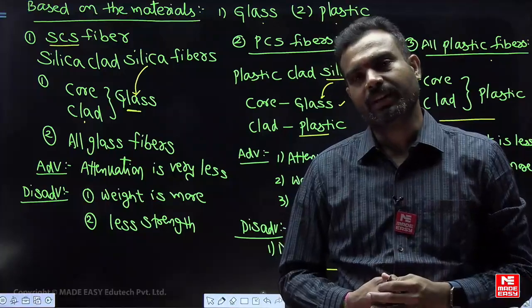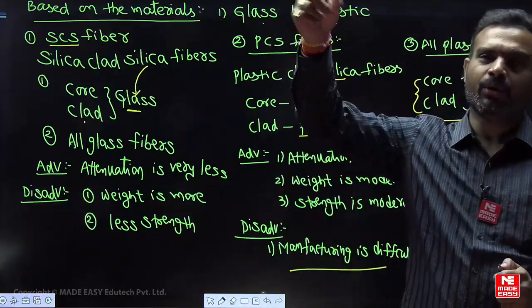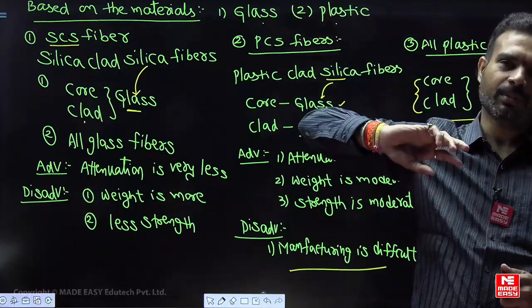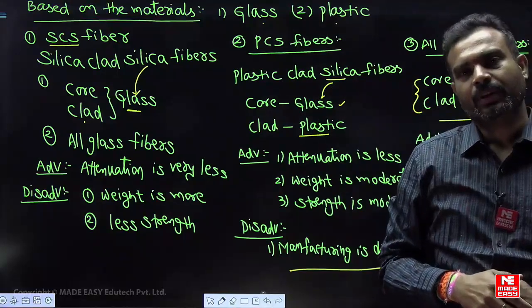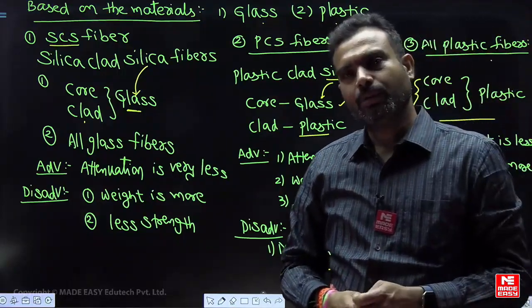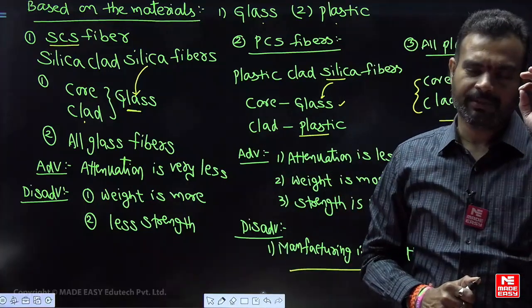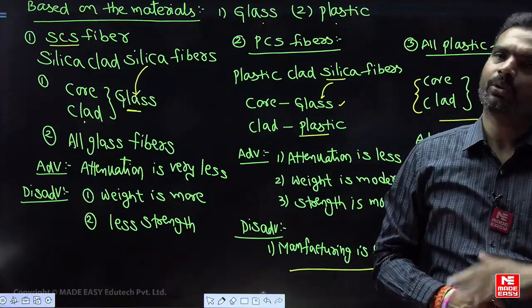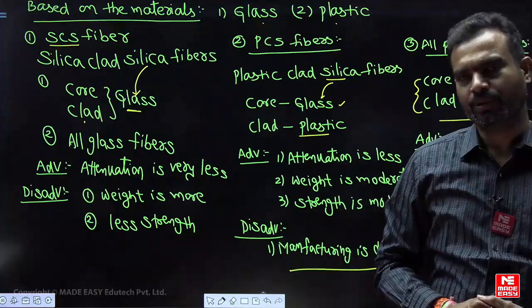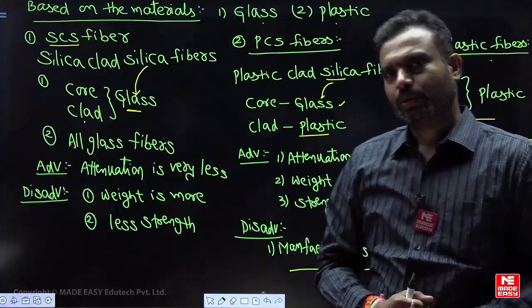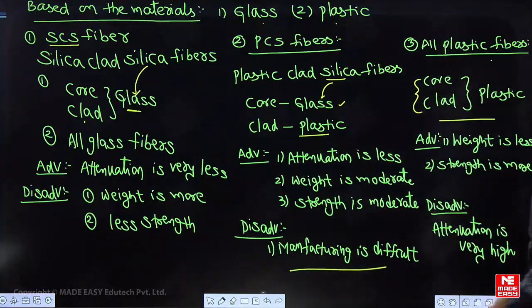We don't use glass fibers there, because when you bend the fiber coming in through your window or a hole, it will break there only. So either a coaxial cable or an optical fiber cable is used. If an optical fiber cable is used, it will definitely be a plastic fiber. All plastic fibers are used for distribution networks.